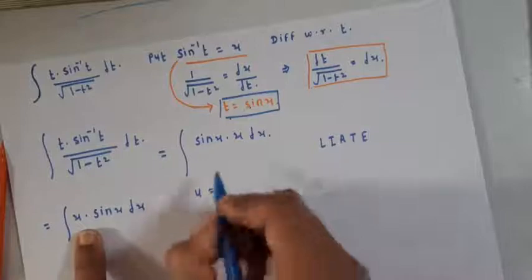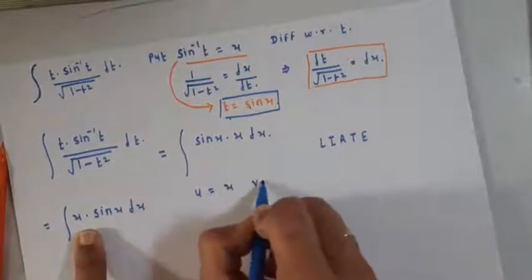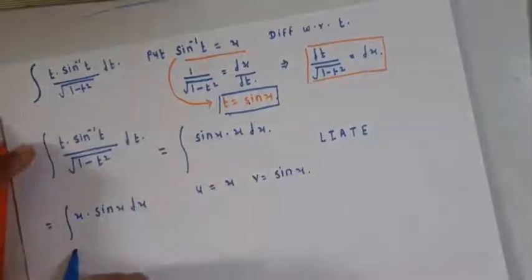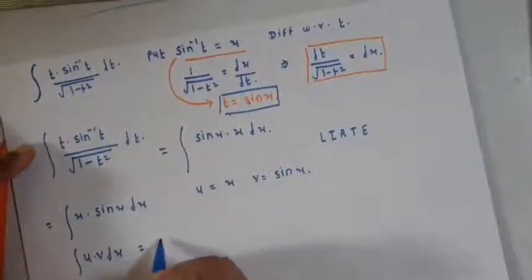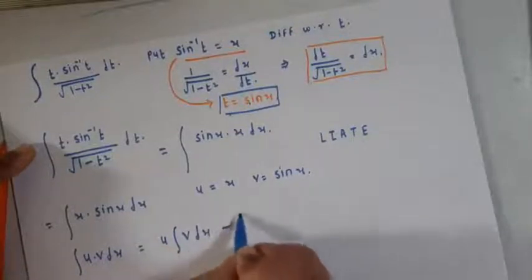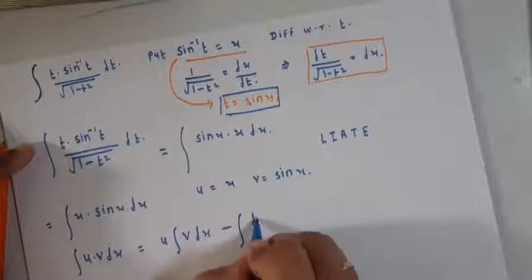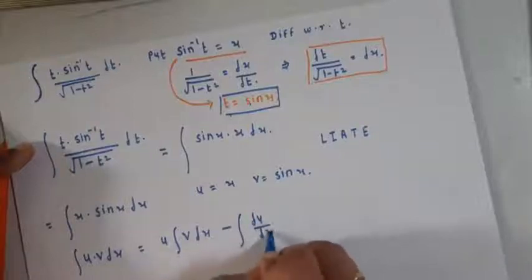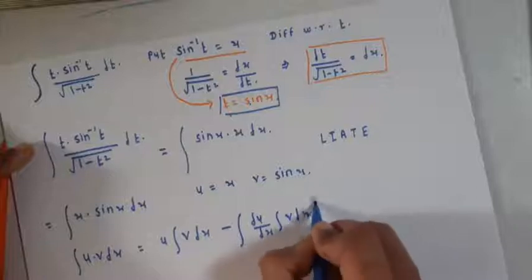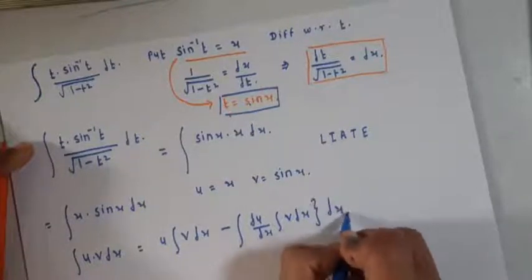So here u equal to x and v equal to sin x, and therefore integration of u into v with respect to x equals u into integration of v with respect to x minus integration of differentiation of u with respect to x into integration of v with respect to x, and whole integration with respect to x.